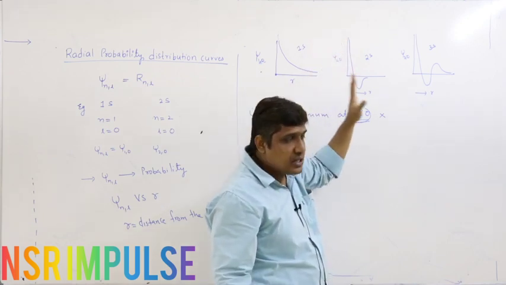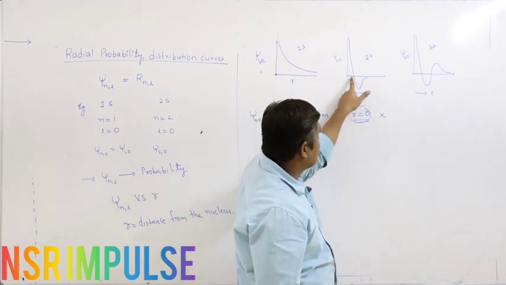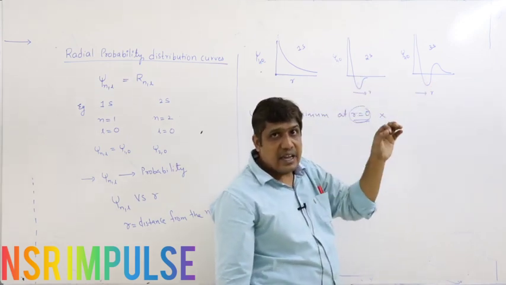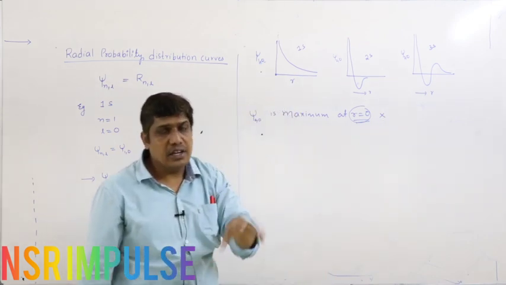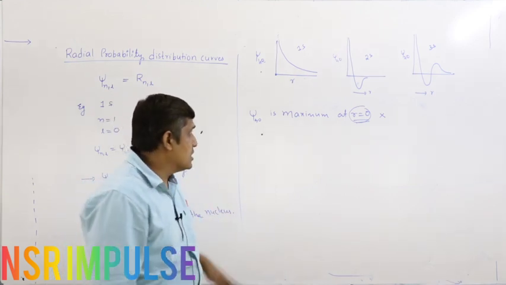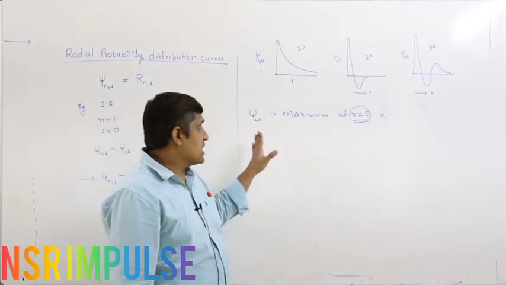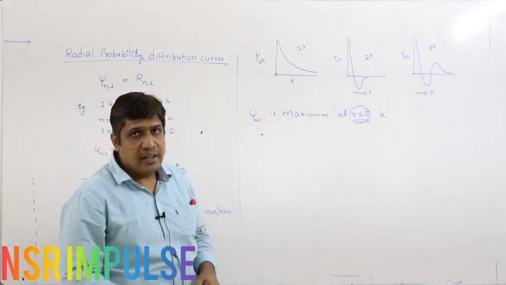They give the same indication. Apart from that, you can see these lines below the x-axis. It indicates that psi n comma l is negative. That means the probability of finding electron is negative, but probability cannot be negative. Because of these two reasons, it is rejected that psi n comma l alone gives the probability of finding electron.